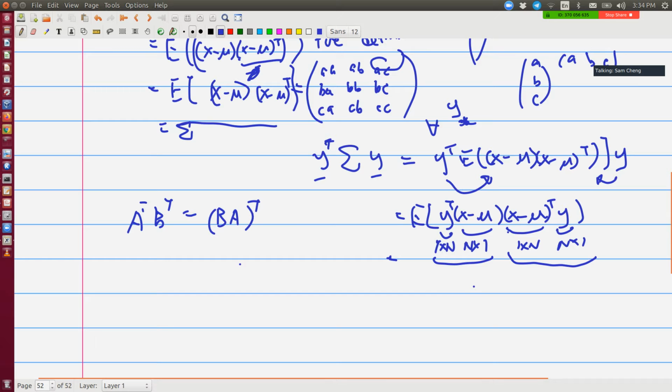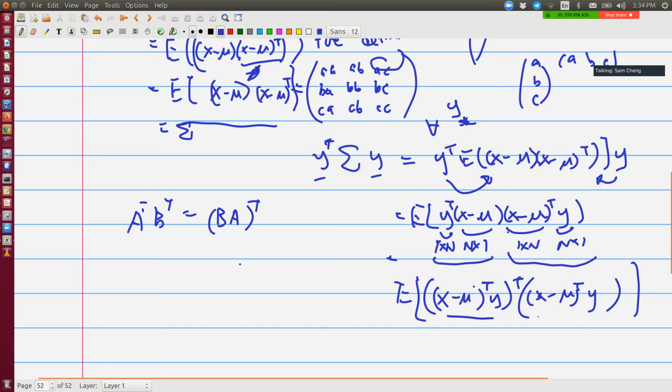So this is actually equal to (x minus mu) transpose y transpose. Because y transpose gives this and (x minus mu) transpose gives this, but then I will have (x minus mu) transpose y. So I have this, and these two are the same thing.